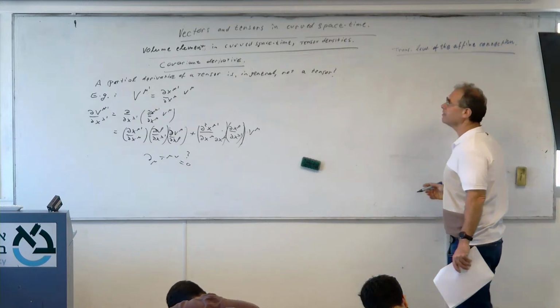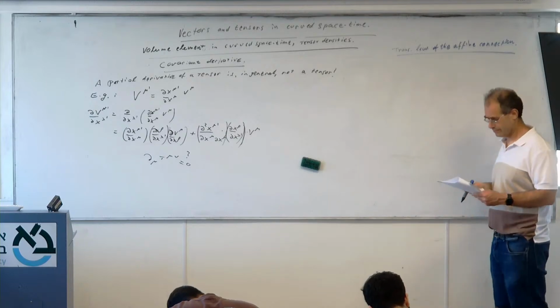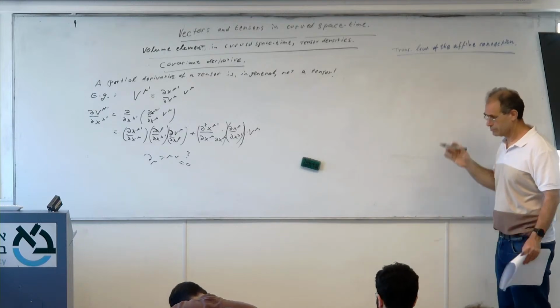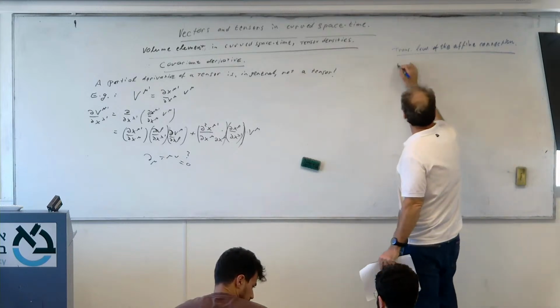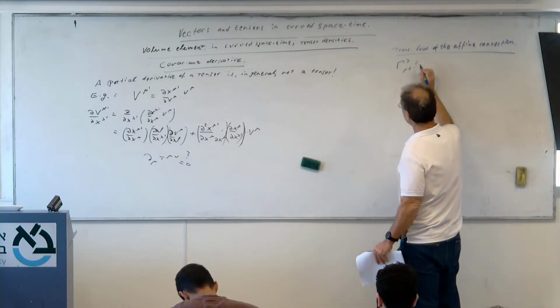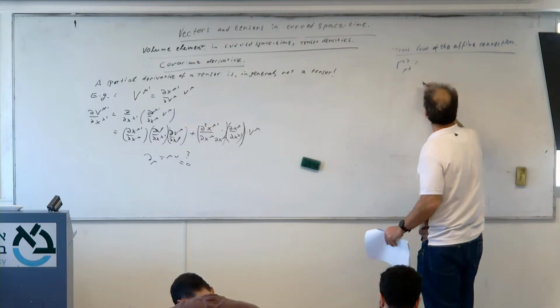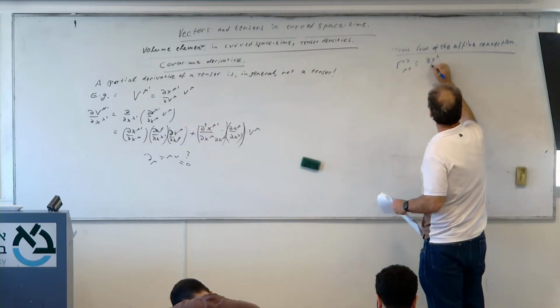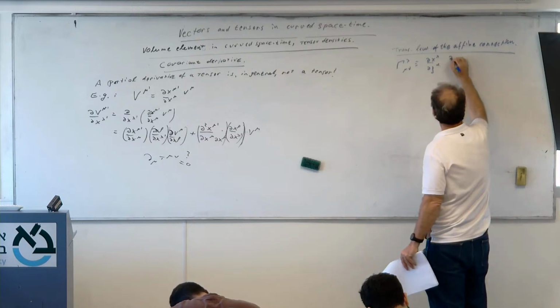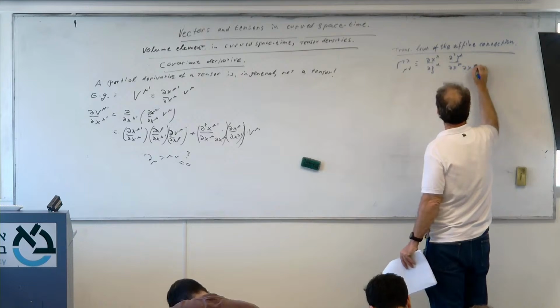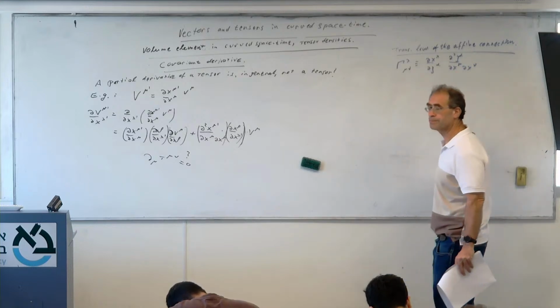It's a little bit annoying, but it's really just algebra, so don't get too nervous by it. Γ^λ_μν is ∂x^λ/∂ψ^α ∂²ψ^α/∂x^μ∂x^ν. This was the definition of the affine connection.